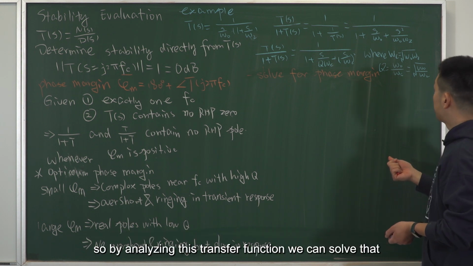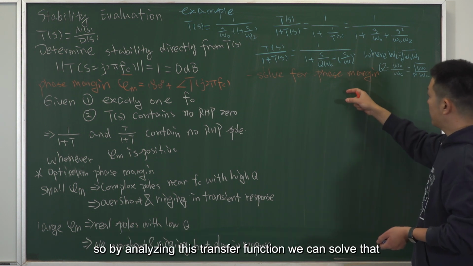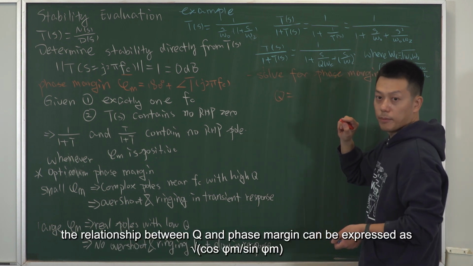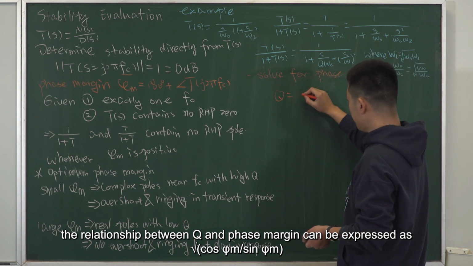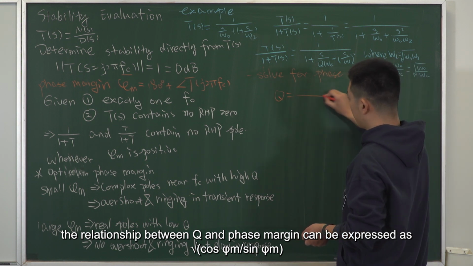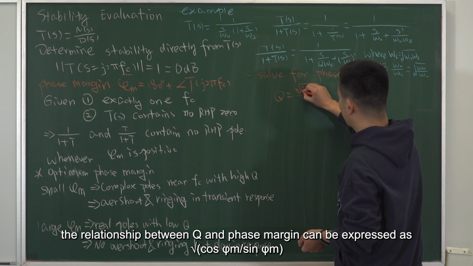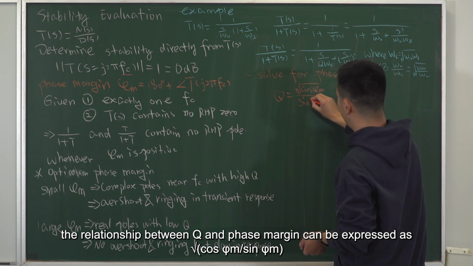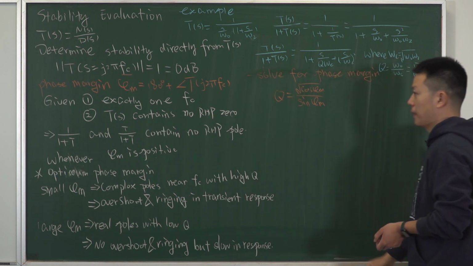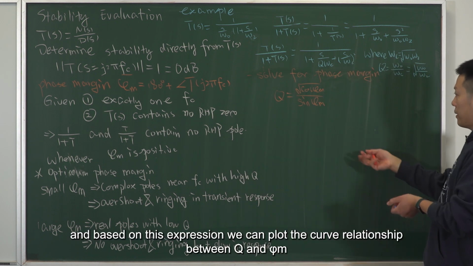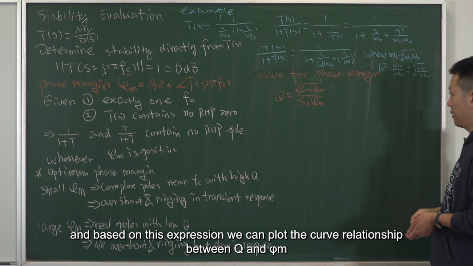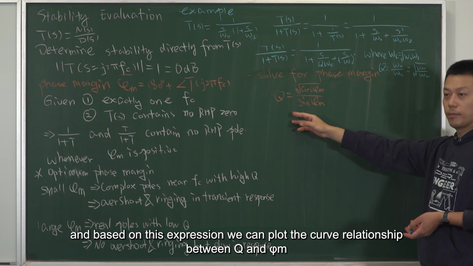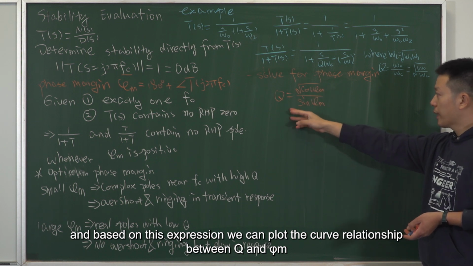By analyzing this transfer function, we can solve that the relationship between Q and phase margin can be expressed as the square root of cosine phi m divided by sine phi m. Based on this expression, we can plot the curve reflecting the relationship between Q and phi m.